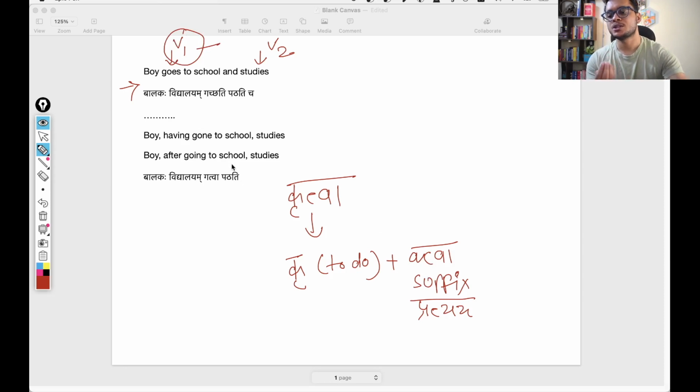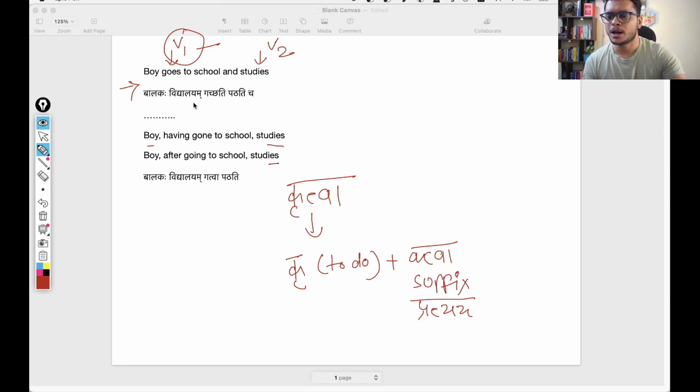So whenever we want to say something like boy having gone to school studies, or boy after going to school studies, so first he goes to school and then he studies, showing that something happened before something else, in that first thing we use twa suffix, pratyay.